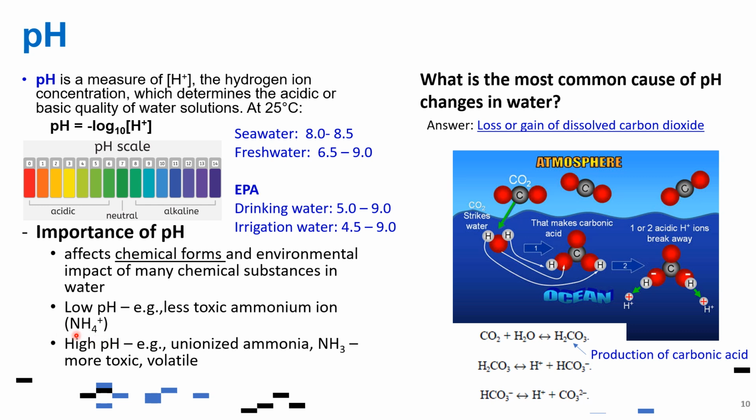If you want to decrease this one, then you treat your system by making sure that your pH is high. So you increase the pH of your water so that the form will be more of an unionized ammonia form, NH3. And then you subject your water to a stripping tower.